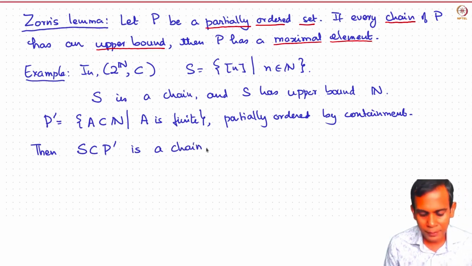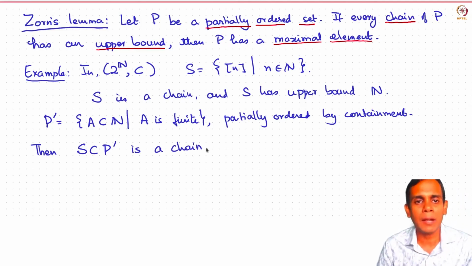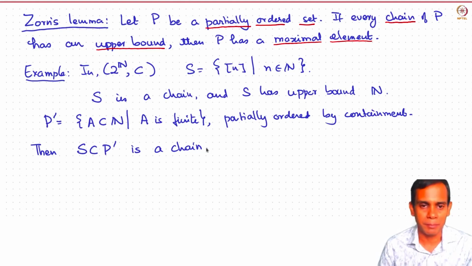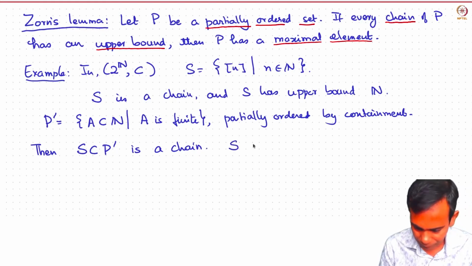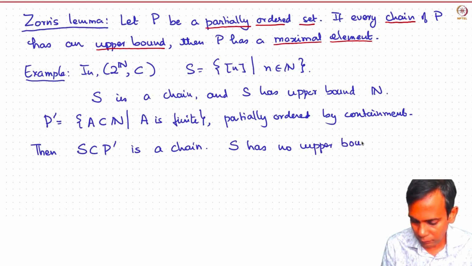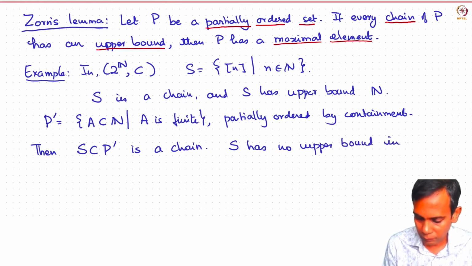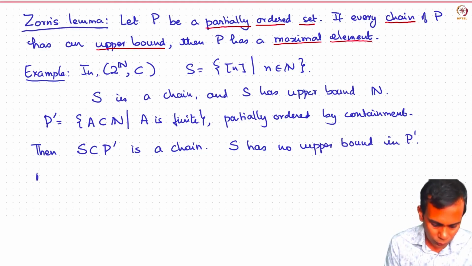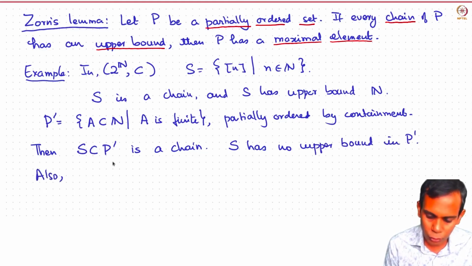in P prime, but we saw that the only upper bound for S in P was the set of natural numbers itself, and so S has no upper bound in P prime. Also, there is no maximal element in P prime.